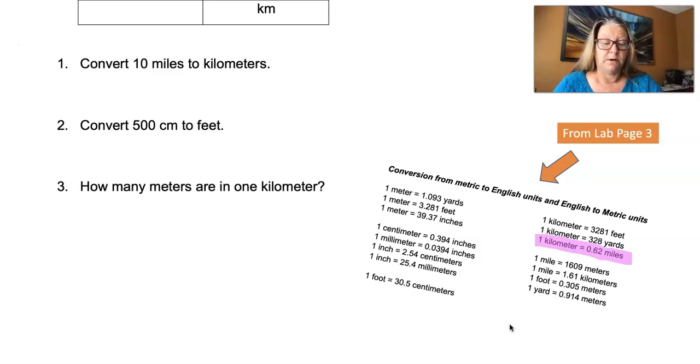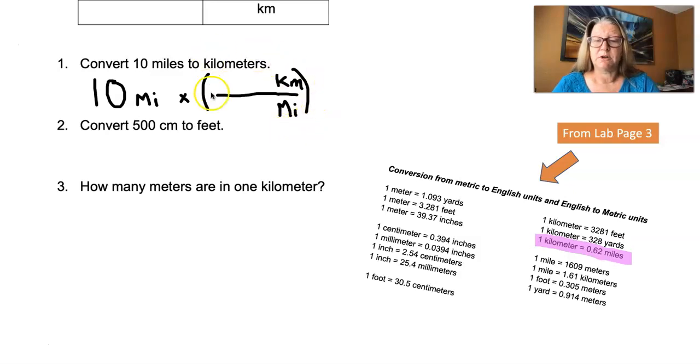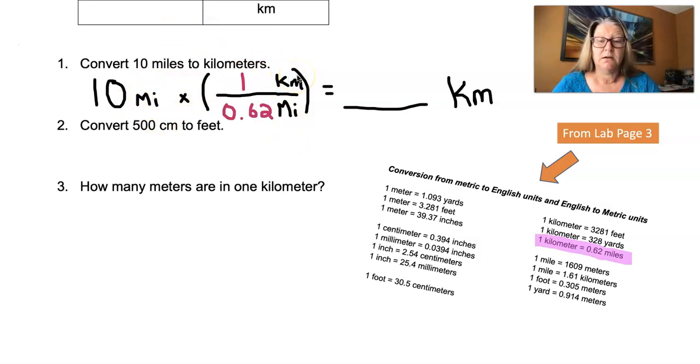And so what do we do? Well, you've got your 10 miles and you want to turn it into kilometers. So you need to multiply it by one of these equivalencies, and then you're going to get an answer in kilometers. So that's the equation, and now I'm going to put in the numbers that I get from the conversion factors. 1 kilometer is equivalent to 0.62 miles. Now, why didn't I put the miles on the top and the kilometers on the bottom? Well, that's important, and you have to look at the units, because if I had done that, then my answer would have been miles times miles, which is miles squared, divided by kilometers.